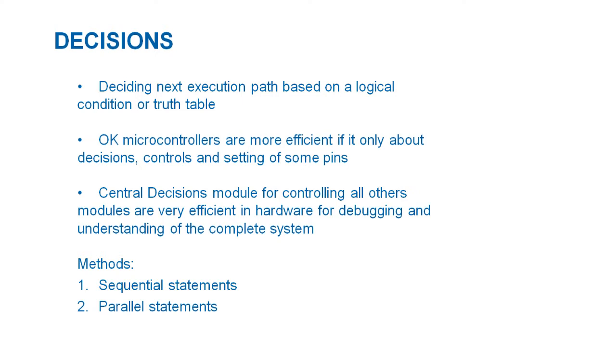Decisions are the basic way of deciding the next path of execution. In hardware, decision making using if statements is not the most optimal kind of execution that you can benefit from, but essentially we have to make decisions during our computation.